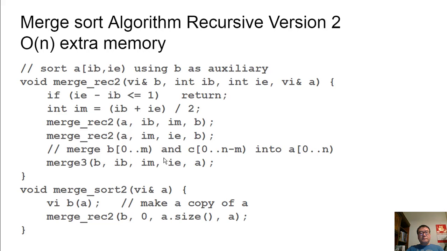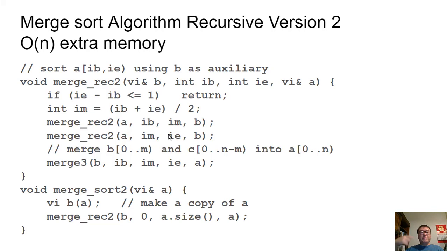So when this recursive call needs to make additional recursive calls, it will switch the auxiliary and the real array to be sorted again. So what happens is at the end, when we reach the point where we just have two sub-elements, nothing happens, and then we just merge those two elements into the other array.